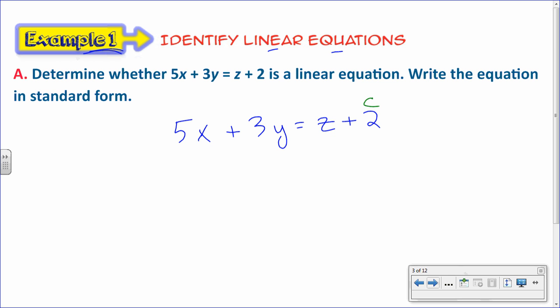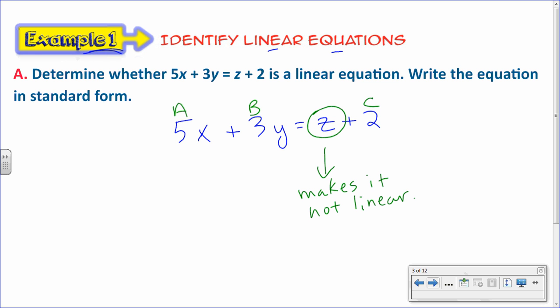What's my a? Good. What's my b? Why is it not linear? Extra variable, good. Because of that, circle that. It makes it not linear.